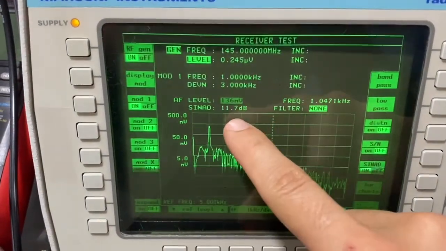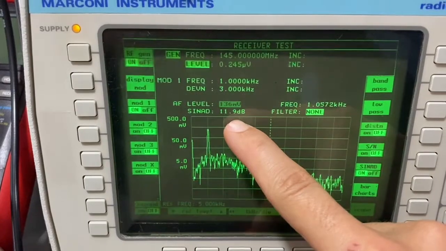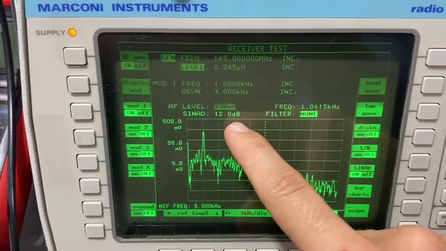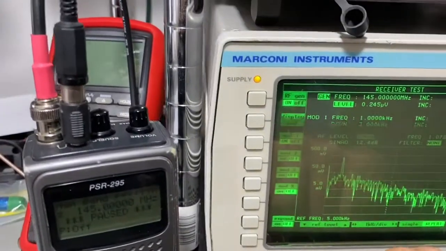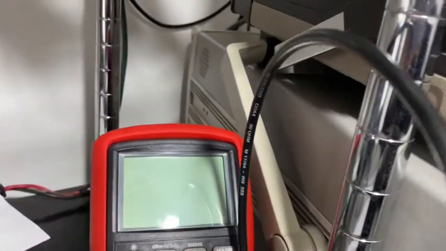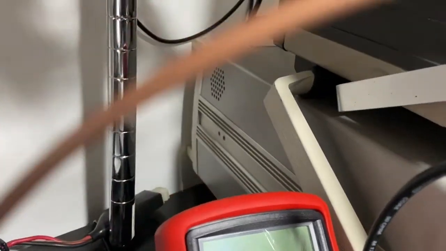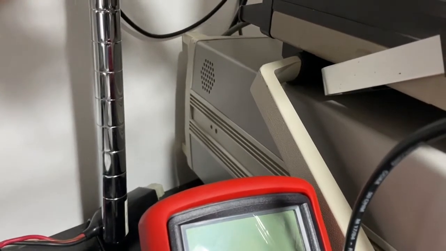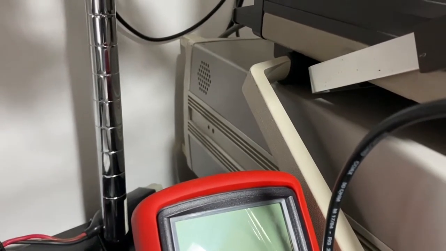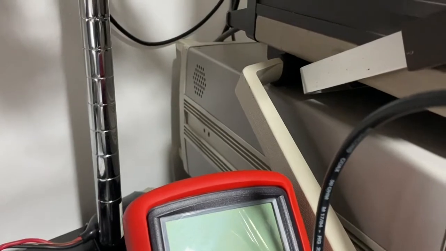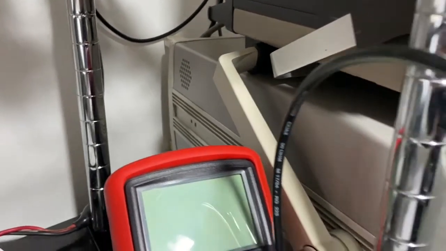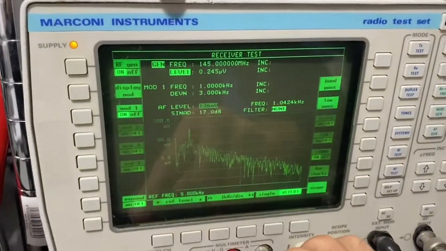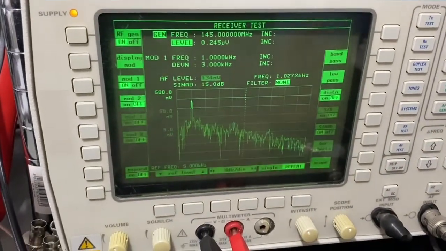It's fluctuating a bit, but it's about 12 dB. And this is how it sounds. And if I switch it on and off, you can hear the signal in between the noise.